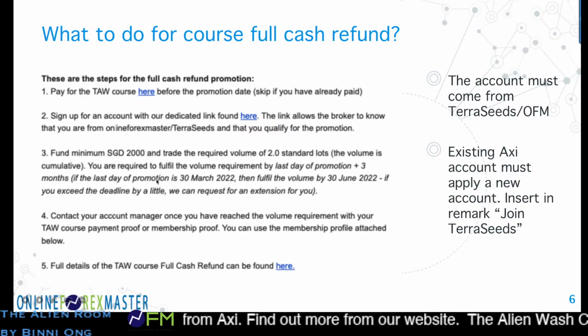campaign. All right. So because the last day of promotion is 30th March 2023, you have 3 months from 30th March 2023 to fulfill that volume, which means that you need to fulfill the volume by 30th June 2023. I repeat, 30th June 2023.